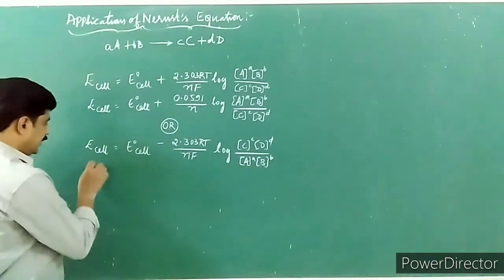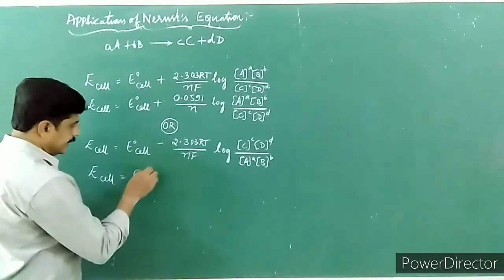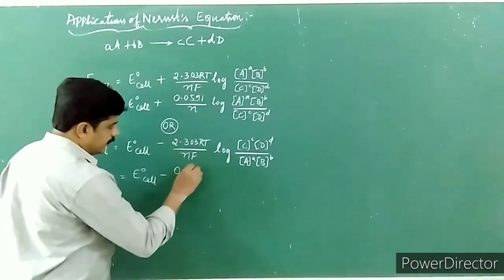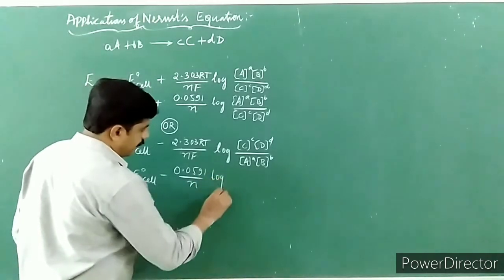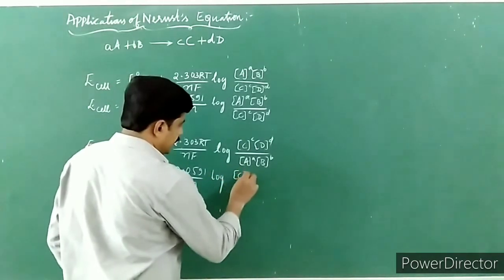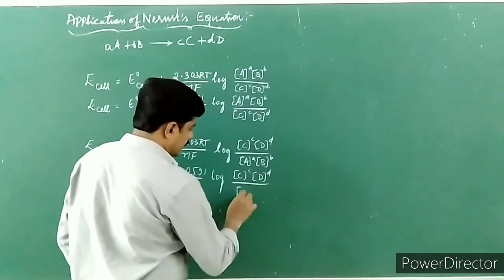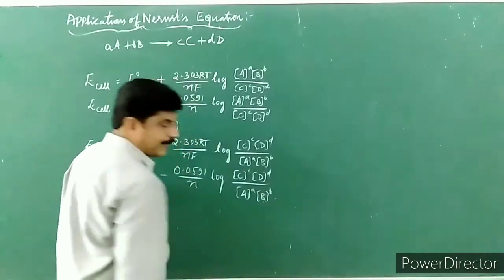Or you can simplify by substituting the value of R, T and F. You are going to get 0.0591 upon n into log of concentration of C raised to c, concentration of D raised to d upon concentration of A raised to a and concentration of B raised to b.